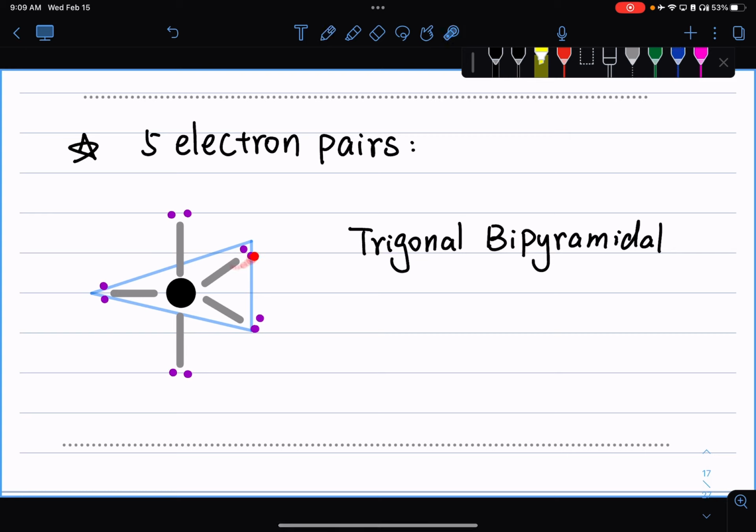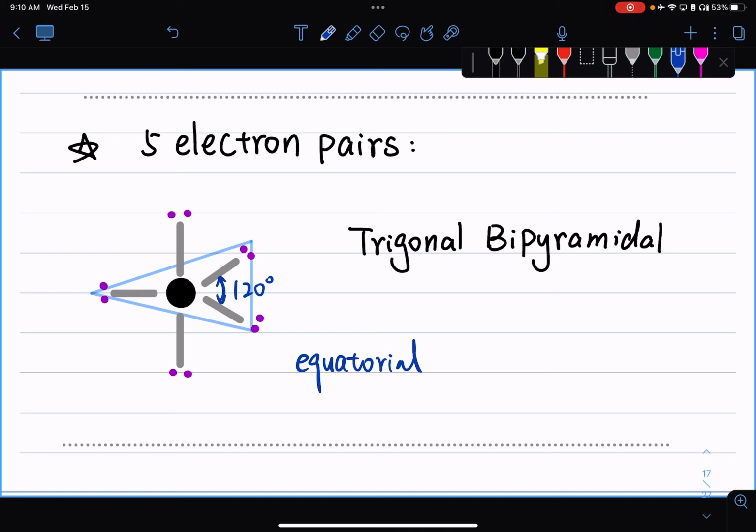Now we have two different types of electrons. On this blue triangle here, these are called equatorial positions. And then the bond angle between all these electron pairs is 120 degrees.